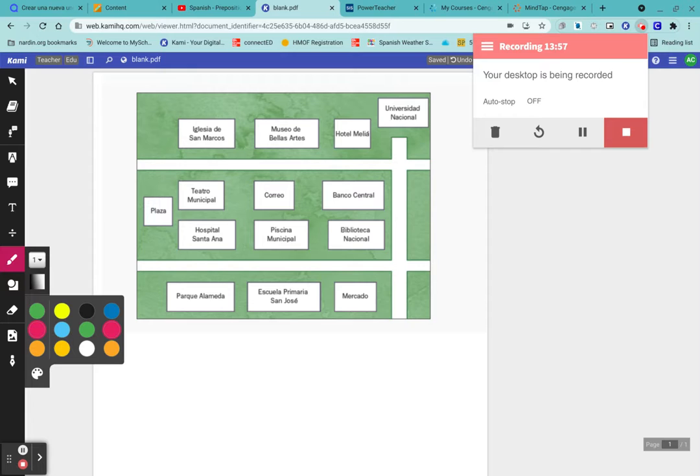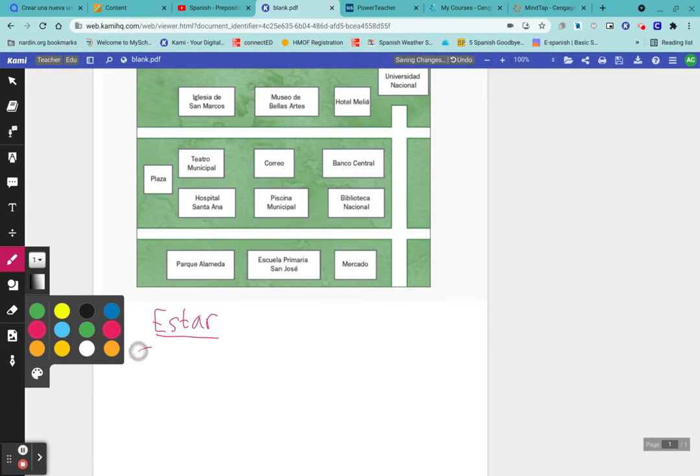So here we have a map of a town, and we just want to talk a little bit about where locations are. First let's make sure that we know estar in all of its forms. If you wanted to say I am, it's going to be estoy. So make sure you have these in your notes. You are, estás. And for está, it's either it or he.